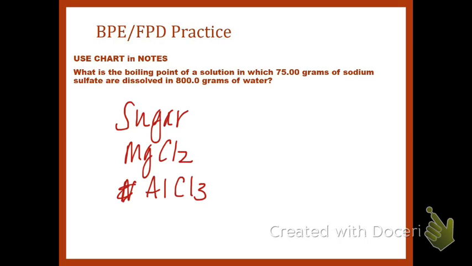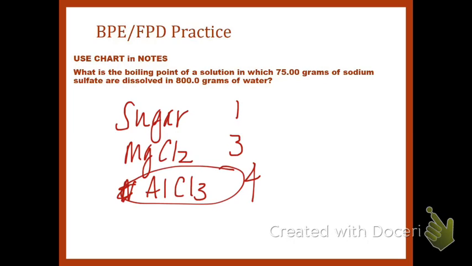So I've added all these things to water. Which one would have the highest boiling point? This one would have the highest boiling point. Okay? Because it has 3 particles. This one has 1 particle. This one has 3, and this has 4. I said it has 4 particles, sorry. So it would have the greatest effect on the boiling point. So the boiling point would be the highest for the aluminum chloride solution.